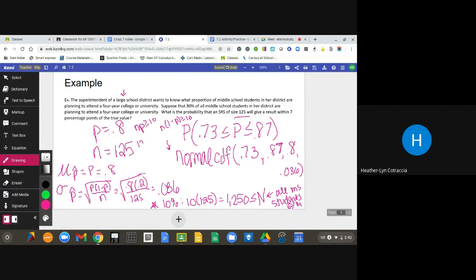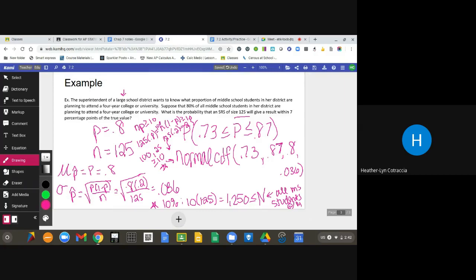There's 125 students times 0.8. 125 times 0.8 is equal to 100. And then 125 times 0.2, because that's the opposite, the 1 minus p, that would be equal to 25. So both of those numbers, 100 and 25, are greater than or equal to 10. So therefore, I can assume normality.